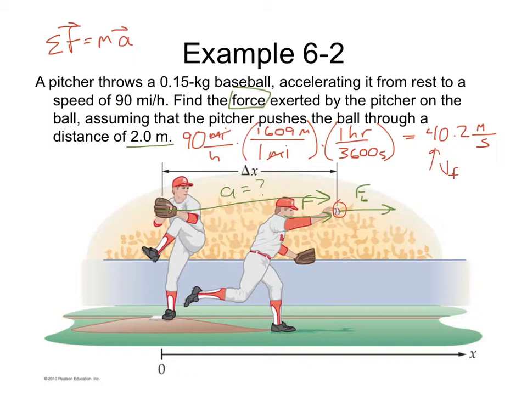Of course, our initial velocity over here equals 0 meters per second. So I'm going to go to the next page and redraw this to make it a little bit cleaner. All right, so the mass of the ball equals 0.15 kilograms.